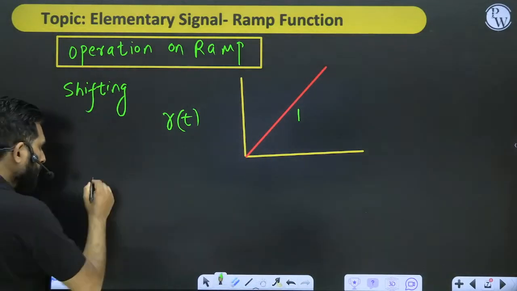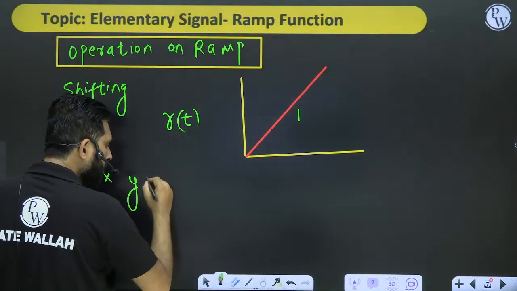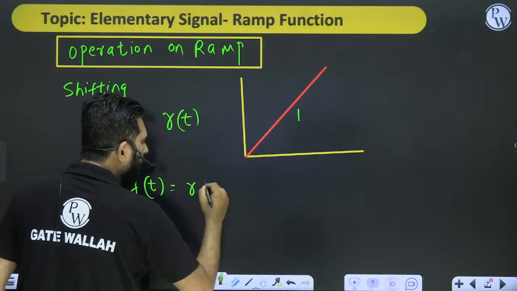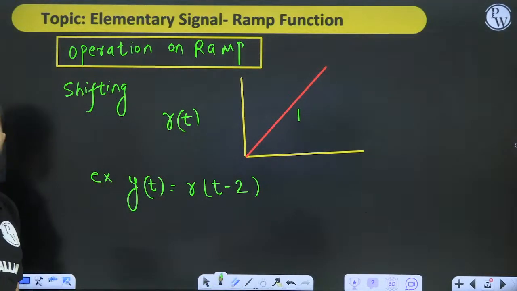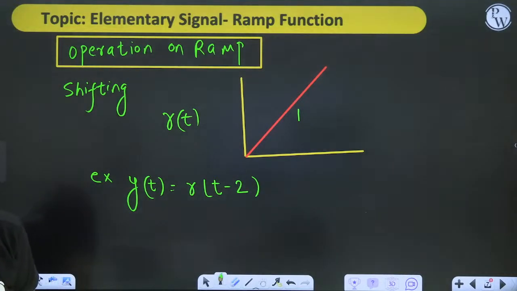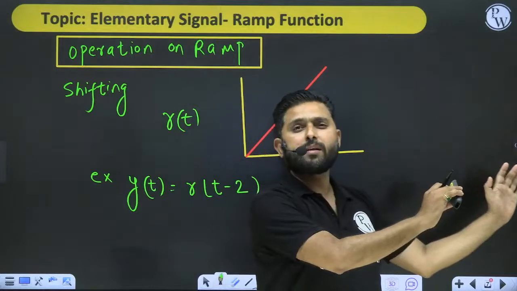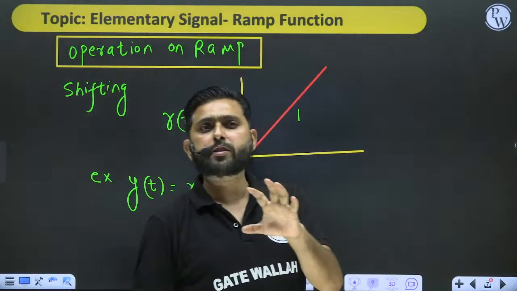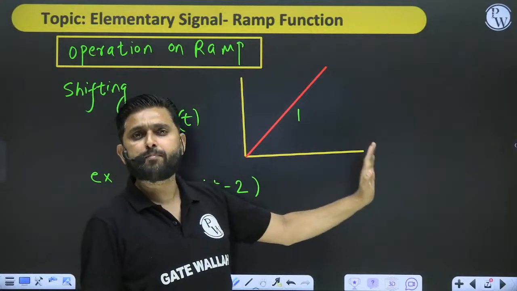If suppose someone asks you y(t) is r(t minus 2), then you will simply say that this ramp is now shifted towards the right by a factor of 2.